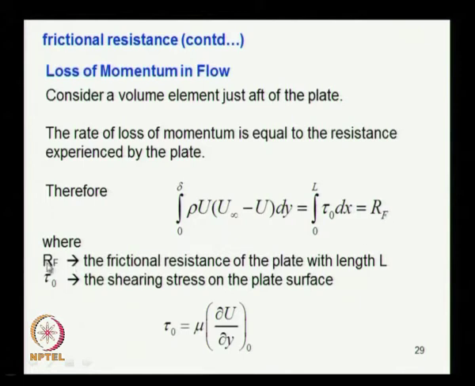So here it is written as Rf, the frictional resistance along the plate, and tau comes from the relation for a Newtonian fluid, where the shear stress is proportional to the velocity gradient, taken at y equal to 0, which obviously refers to the wall.